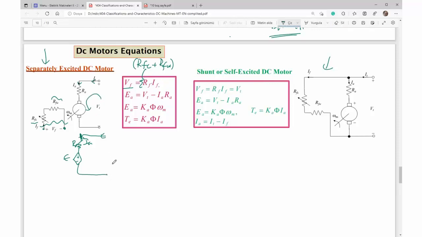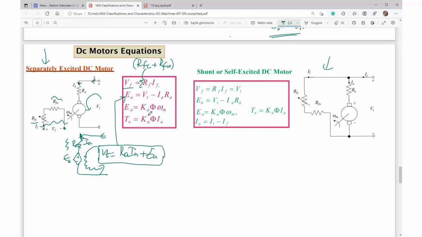So applied terminal voltage will be equal to summation of the voltages around the loop. Resistance times current here is the resistive voltage drop plus armature EMF is the terminal voltage, and it is given here.